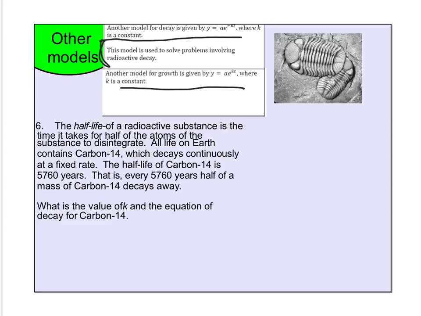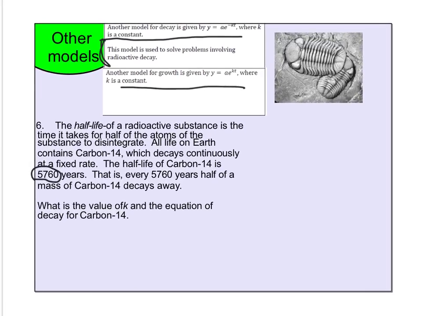The half-life of a radioactive substance is the time it takes for half the atoms of the substance to disintegrate. Carbon-14, all life on Earth has it. Half-life is 5,760 years. So every 5,760 years, half of the mass of carbon decays. What is the value of k in the equation of decay for carbon-14?